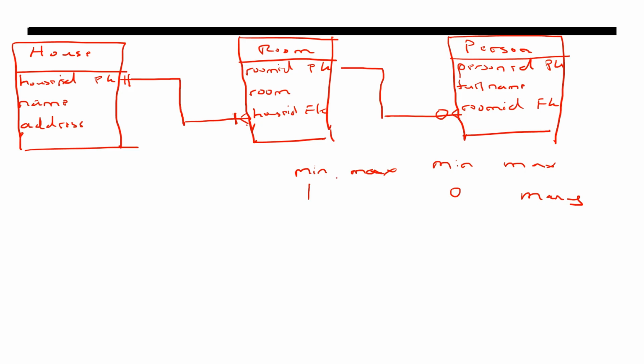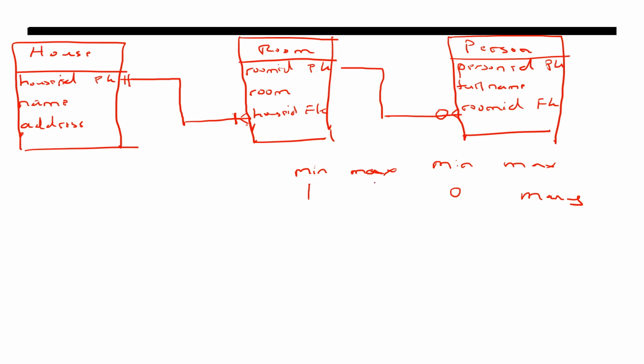But on the other hand, what is the maximum number of rooms that a person can have? Now, this is a bit where you have to be careful. Some of you may say the maximum can be two, can be three, can be four, and so on.